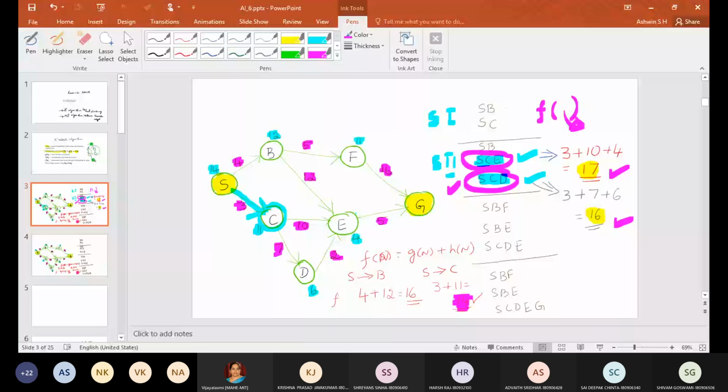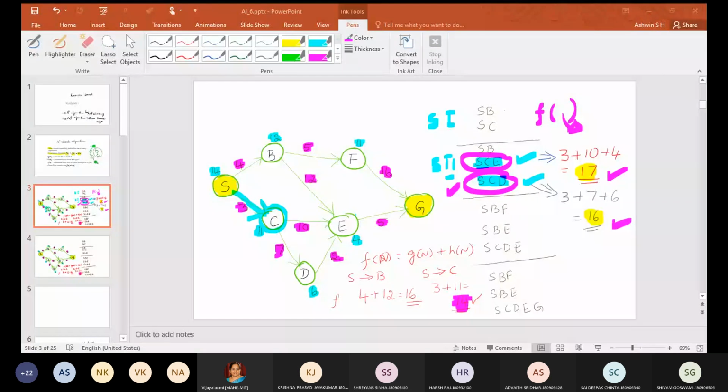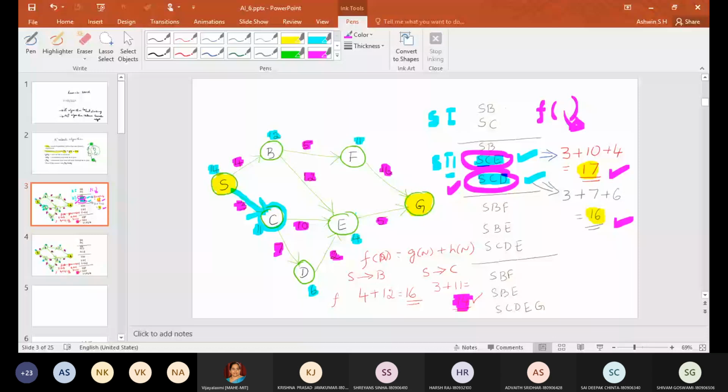Any doubt have you got here? Is it clear? Shreyas, what is your doubt? Which node to use as current between B and D, both of them have the same total distance?